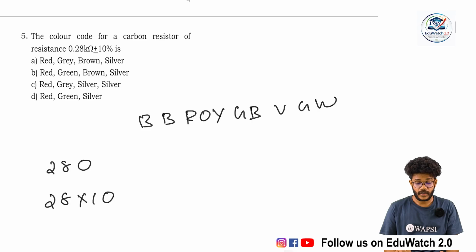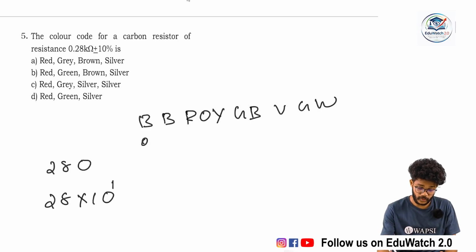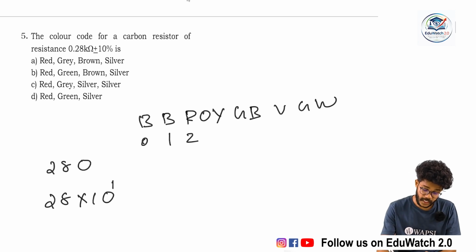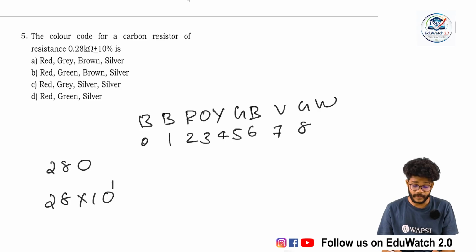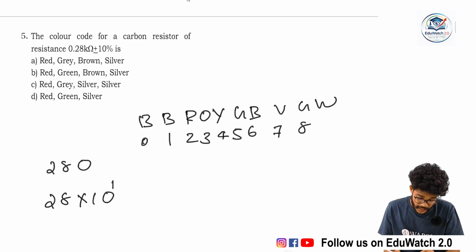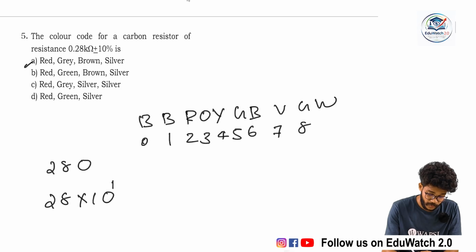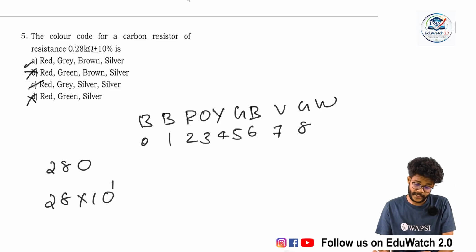So the power is 1. So the first one will be 0, 1, 2. First one will be red. All options have first one as red. And the second will be 8, the digits 0, 3, 4, 5, 6, 7, 8. Second color will be gray, and they are saying that option A and option C have gray. So option B is wrong. Option D is wrong.